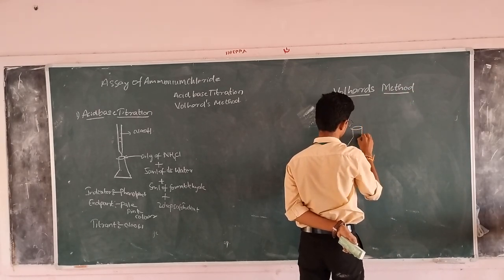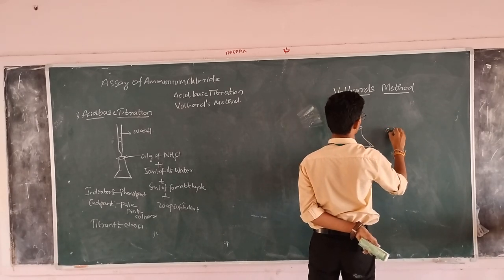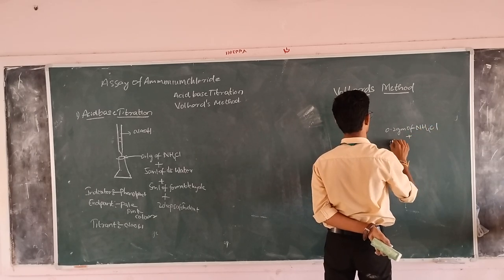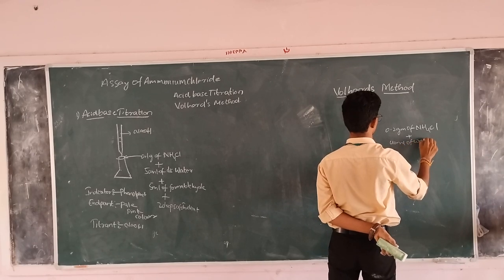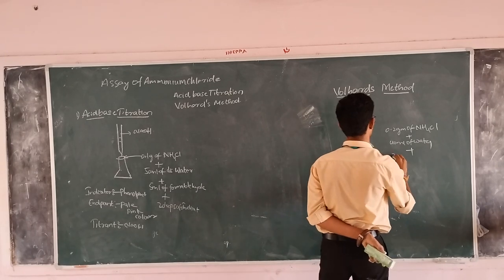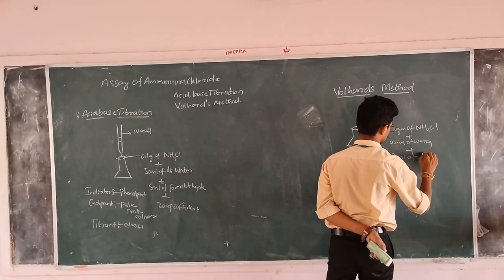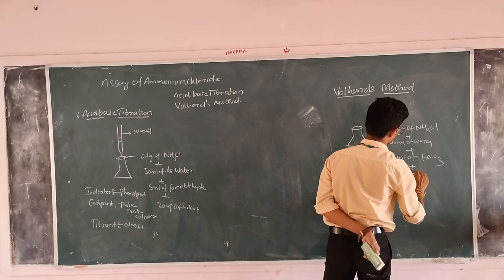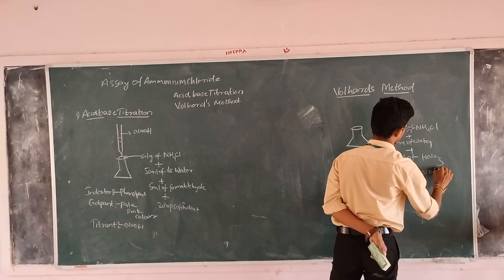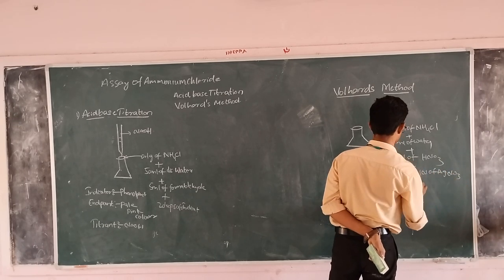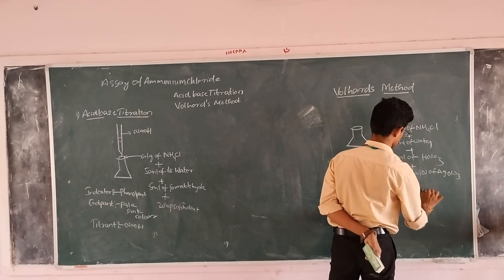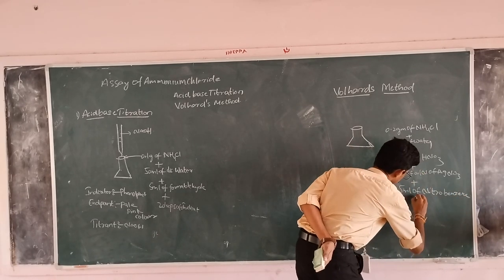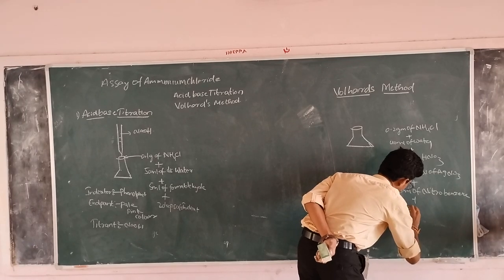First we take 0.2 grams of ammonium chloride plus 40 ml of water to dissolve, plus 3 ml of dilute nitric acid HNO3 and 50 ml of 0.1 normal silver nitrate, and again 5 ml of nitrobenzene and 2 drops of indicator.